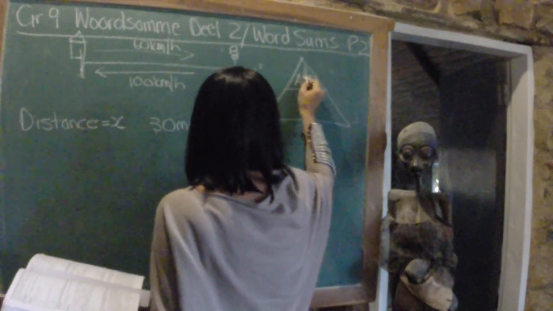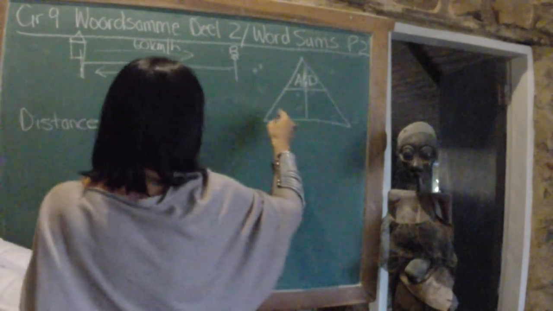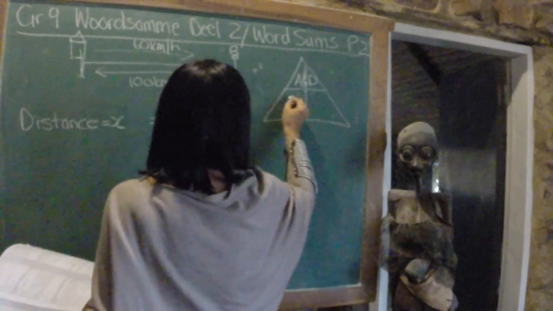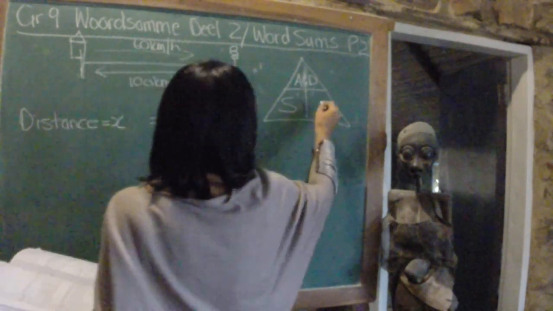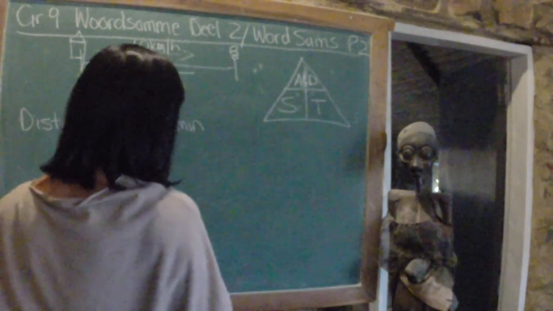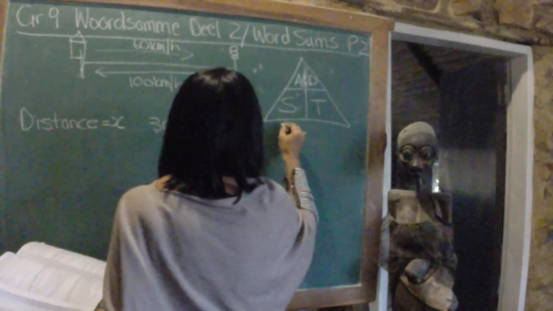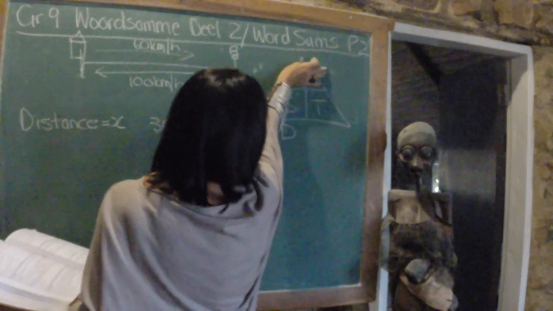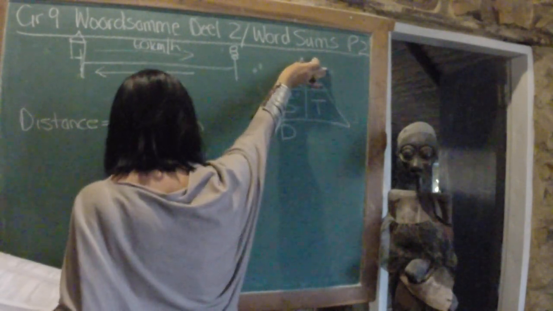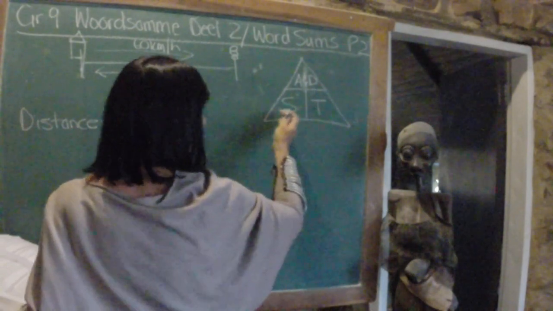Then there must be speed and that one's going to be time. So if you want to determine distance, you simply erase distance. So what's left? Speed and time, and it's next to each other.